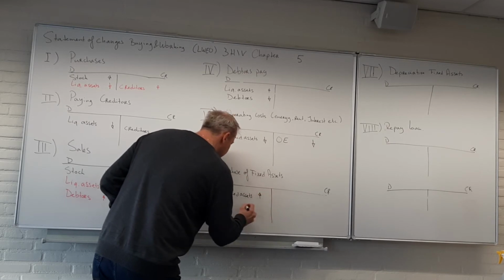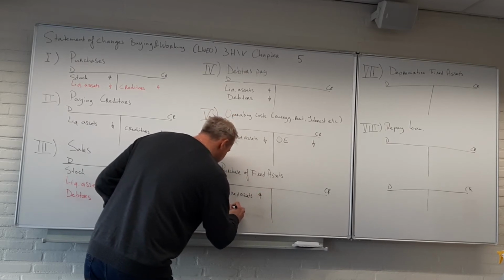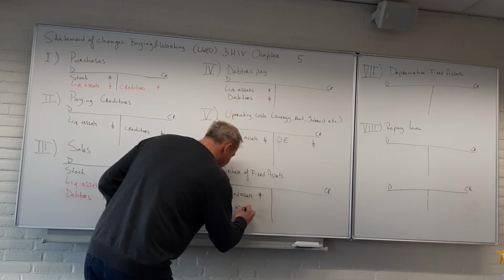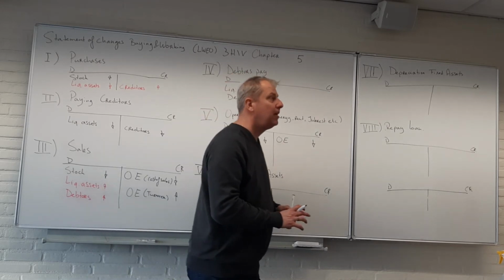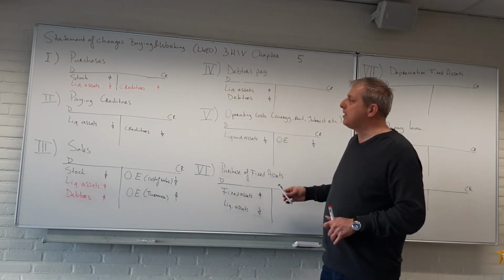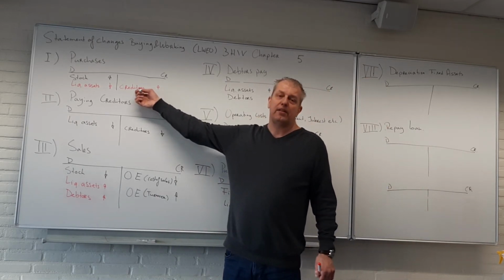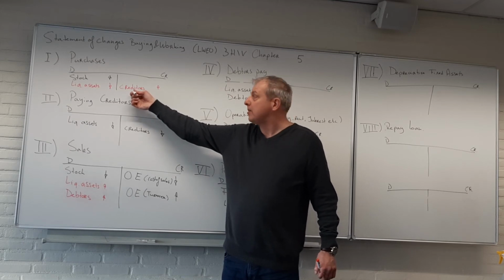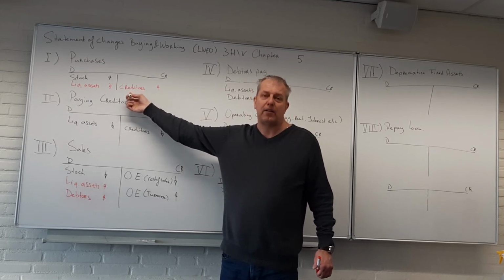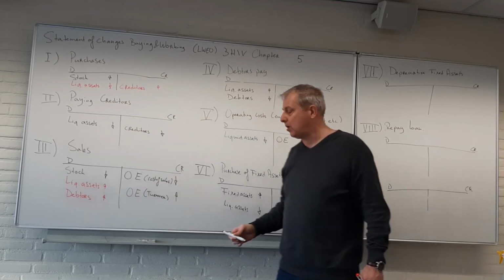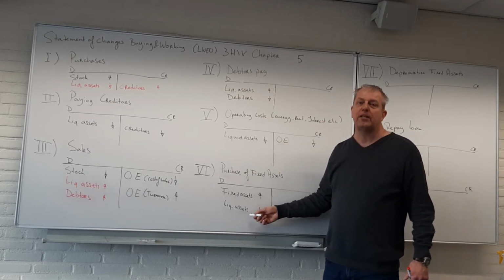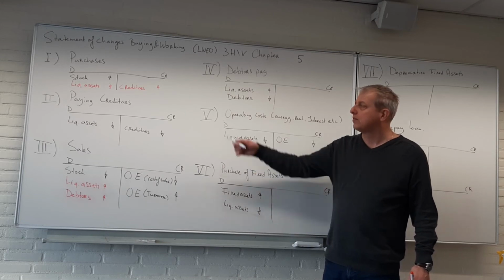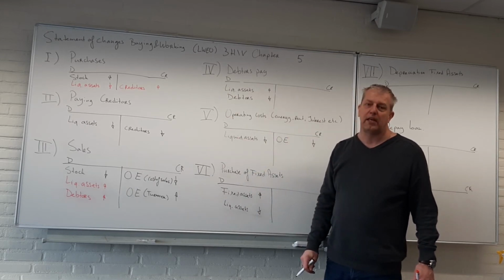And your liquid assets, they go down because you have to pay for it. Theoretically, you could also say that if you pay later, then your creditors go up. So I explained how this works here, and it works the same way here. So I'm not going to write it twice. Yes, so it could be creditors as well. So see how that works there.